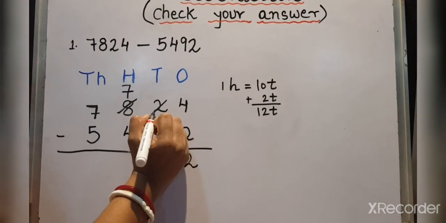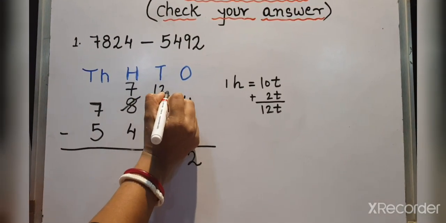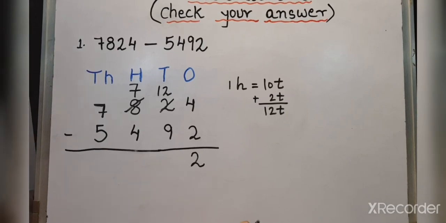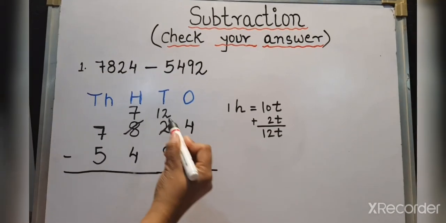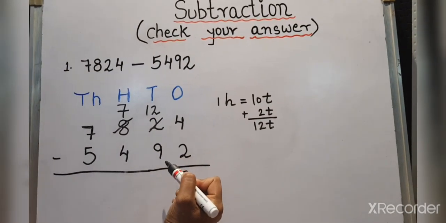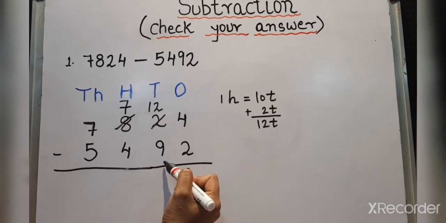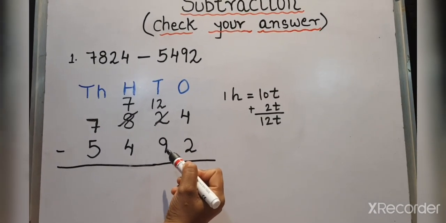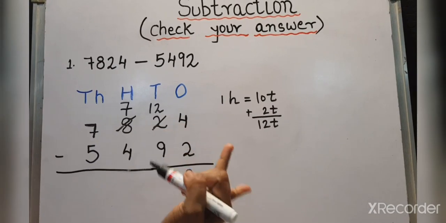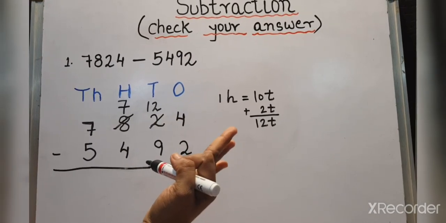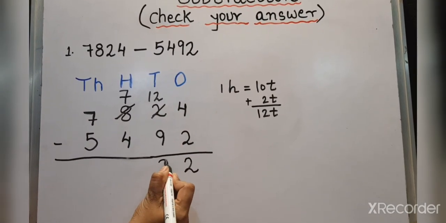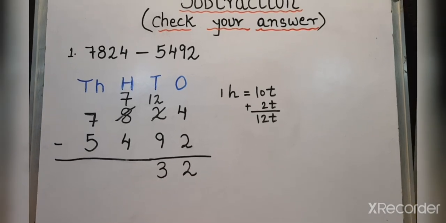So we will cut 2 and we will write here 12. Okay. Now is it possible, children? 12 minus 9? Yes. What is 12 minus 9? Count, children. After 9, 10, 11, 12. We have got 3 fingers. So here we will write 3.